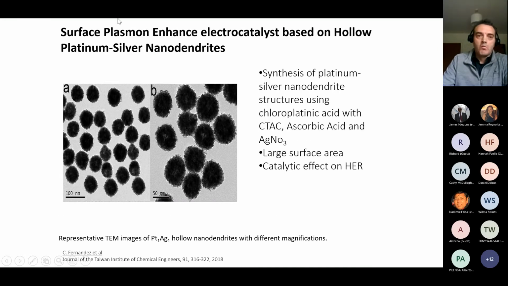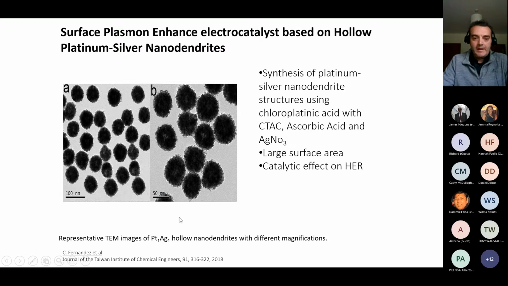The other one we have also worked on is platinum silver nanodendrites. This is again another interesting bimetallic system that increased the electrocatalytic effect when applied to the hydrogen evolution reaction. Also, another one we have introduced is a molecular fluorinated phthalocyanine immobilized onto a mesoporous carbon. The mesoporous carbon created a very interactive bifunctional electrocatalytic effect for the hydrogen evolution reaction.